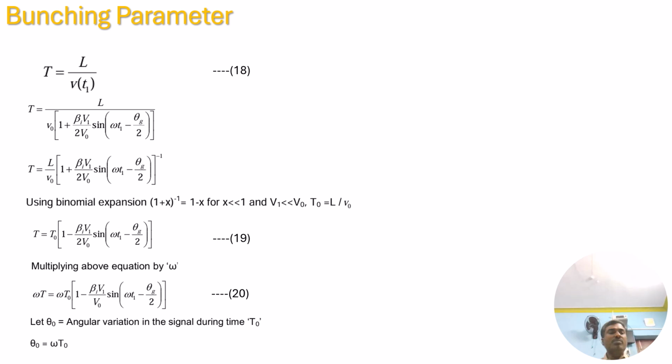Then by using binomial expansion, 1 plus x to the power minus 1 can be written as 1 minus x, for x very much less than 1, that is, V1 very much less than V naught. Then we get expression number 19. By multiplying omega with equation number 19, we get expression number 20, where omega into t naught can be written as theta naught, which is the variation in the signal phase during the time period t naught.